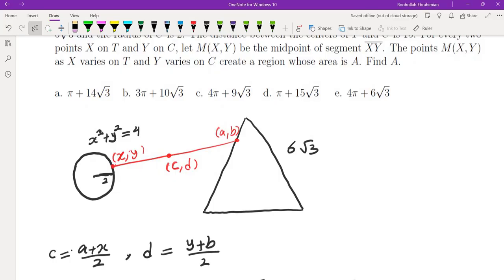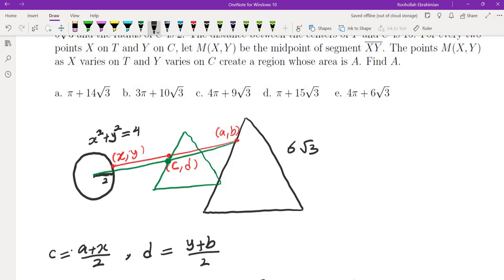So I take the point (a, b) and I evaluate a over 2, b over 2. It means you're connecting it to the origin and you're looking at the midpoint of this. If I connect something to the origin and divide it by 2, that's going to be the midpoint, which means the centers are going to be on lines parallel to the sides of this triangle, and the side length is going to be exactly half of what we had.